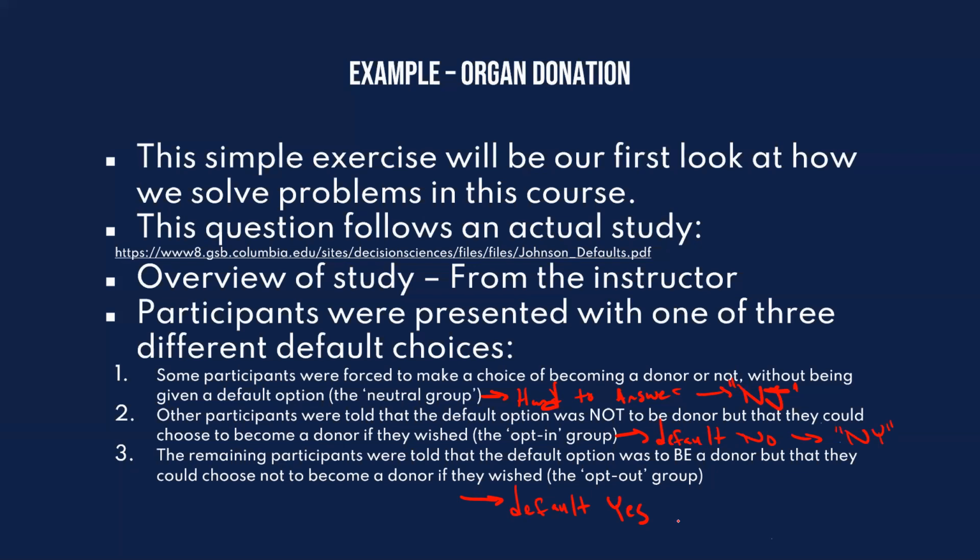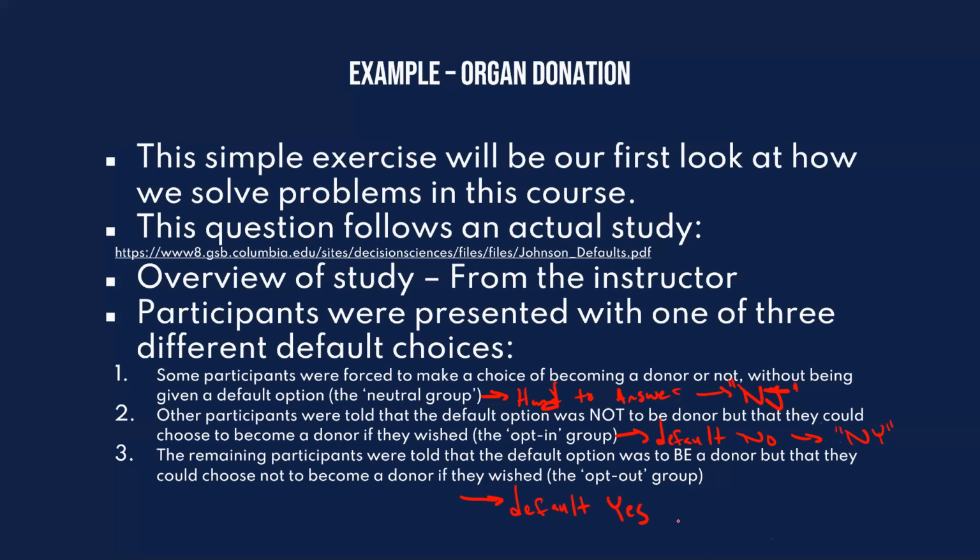So here's the thing. Remember what the research is suggesting: people don't want to make an active choice. That's the truth. People don't want to think about their death. So maybe if your choice is taken away, or if they say, oh, you've got to be an organ donor, then maybe that's the best one. Maybe three. Or maybe one would be the best, because people think, oh, I've got to be a good citizen.